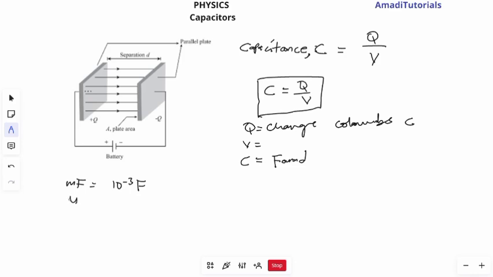Microfarad means 10 raised to the power of minus 6 farad. And nanofarad, small letter n, means 10 raised to the power of minus 9 farad. But the unit of capacitance is the farad. All these other ones are prefixes attached to it. So this is the first formula you have to take note of.